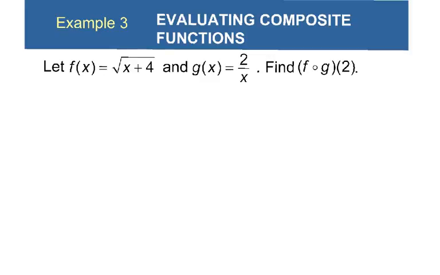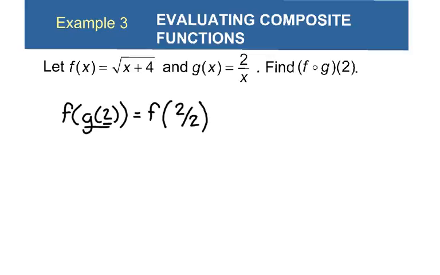Okay, so what this right here, the f of g of 2, translates to is f of g of 2. 2 is our x value that we're going to place inside of our g function. So that's what I'm going to do first. I'm going to place inside our f function 2 over 2, because I just replaced my x here with the value that I'm given here, 2.